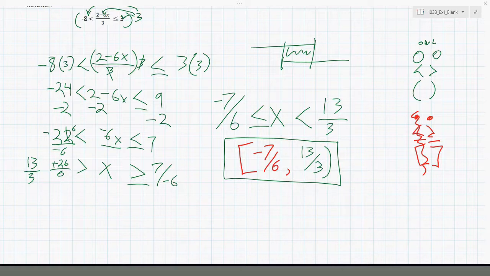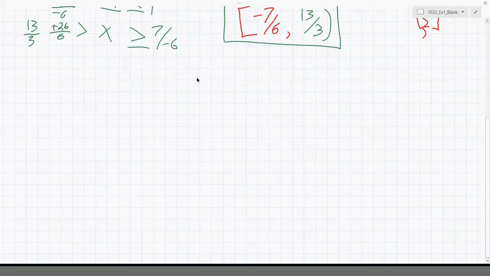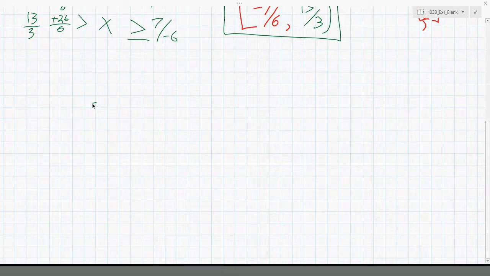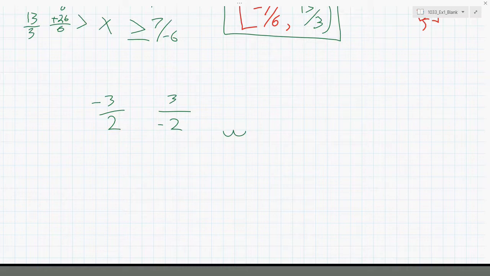Yep. When did we go from 7 over negative 6 to negative 7 over 6? The negative sign sits on the outside of the fraction, basically. It doesn't matter, and this is a side note for anyone that's watching this later on. If I have a negative 3 over 2, and I have a 3 over negative 2, and we did this in a chart form, and I said, okay, I'm going to go 1, 2 positively over, right?